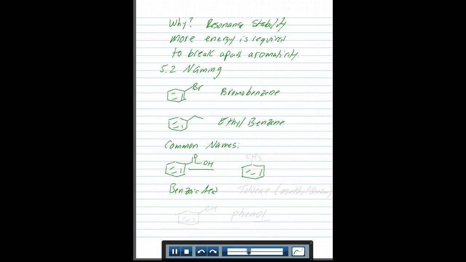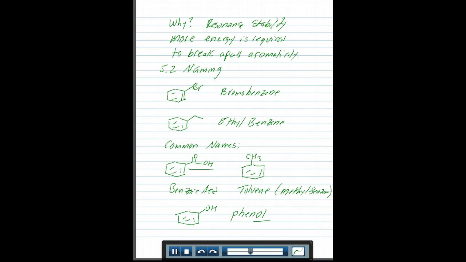Another one is toluene. Toluene, we've used that in lab. Toluene is the same as methylbenzene, but that is a common name. Another one is phenol. That is if you have an OH hanging off your ring. This is called phenol, -OL, because it's an alcohol.